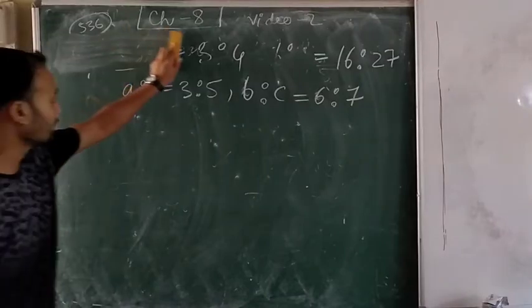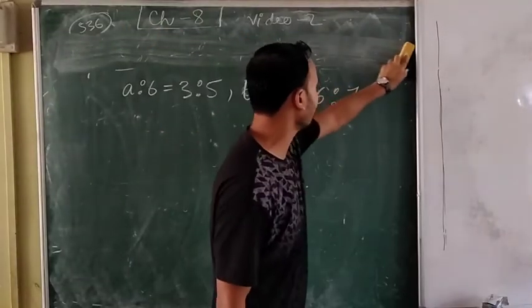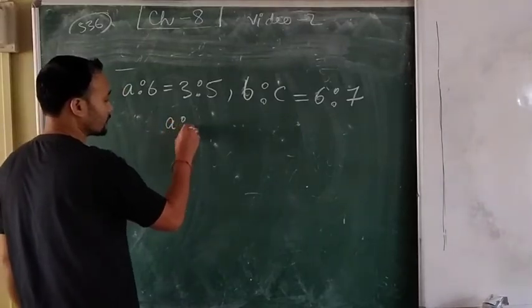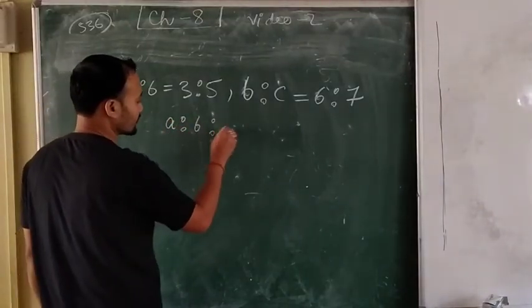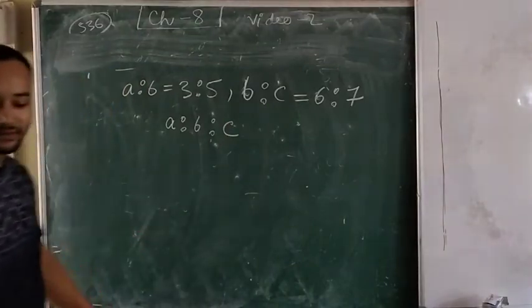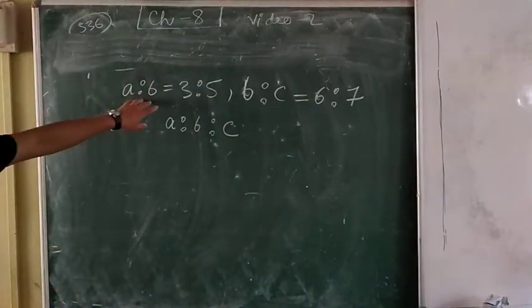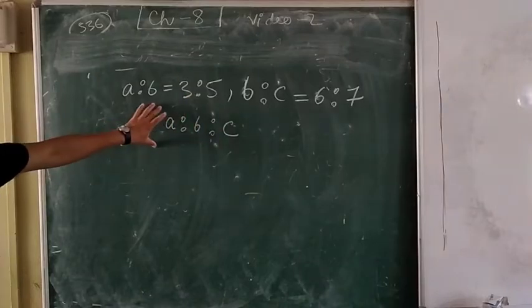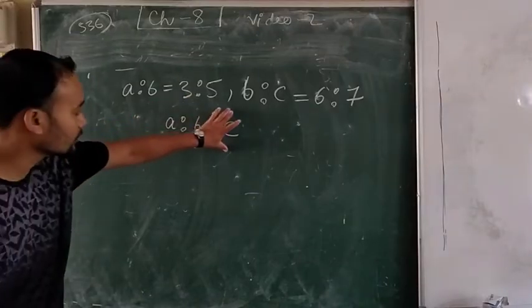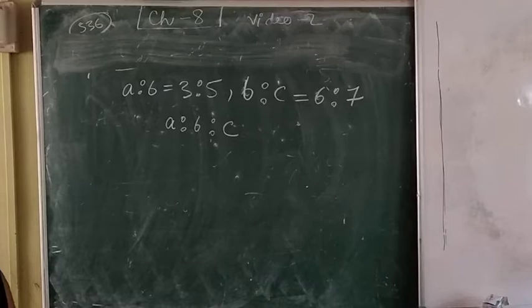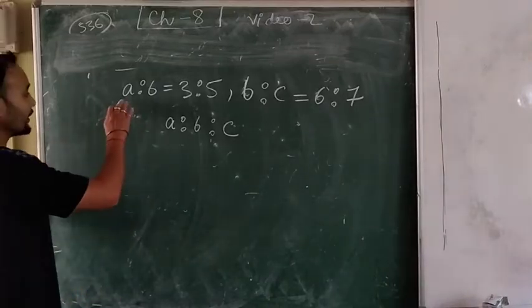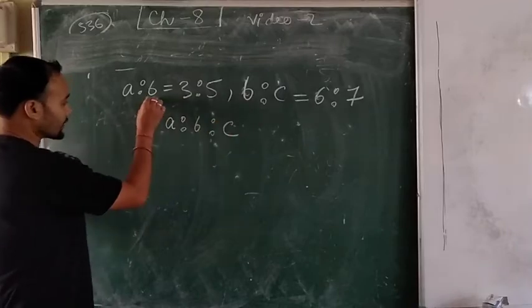Fine. The question is saying we need to calculate the ratio of the three quantities, that is A is to B is to C. A is to B is this. B is to C is that. And the question is asking for the value of A is to B is to C. Fine. See now. In both the ratios, B is a common term.